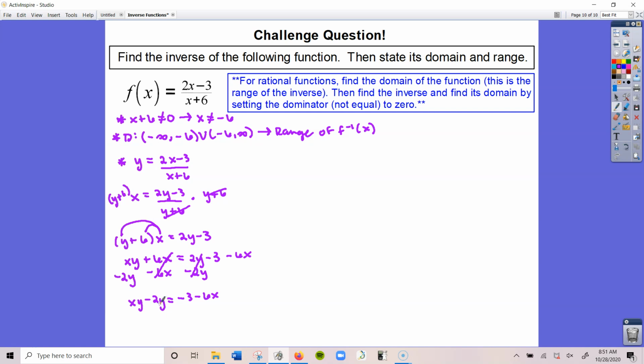On the left side, I see that I have only y values, so I could factor out this y, and I have y times x minus 2 is equal to negative 3 minus 6x. And then I would divide by x minus 2. Now y is alone, so this is my inverse. So my inverse function is equal to negative 3 minus 6x all over x minus 2.